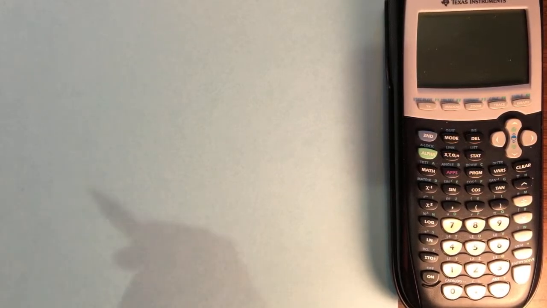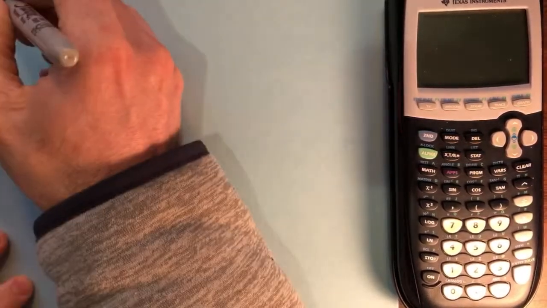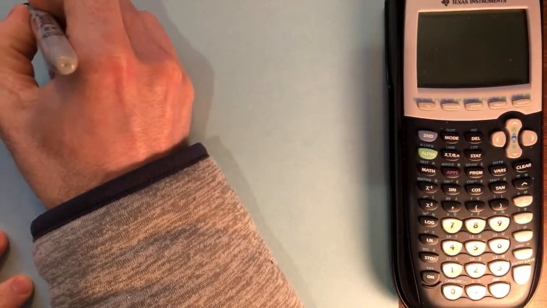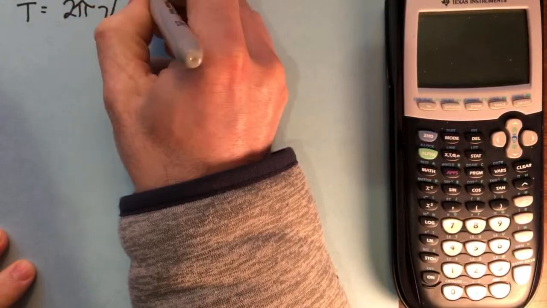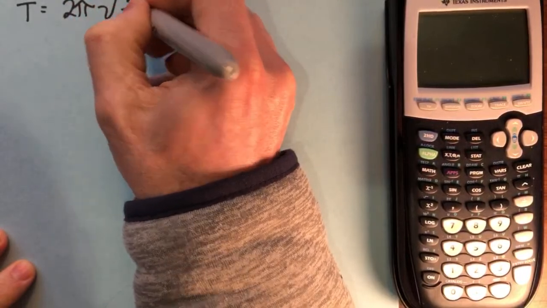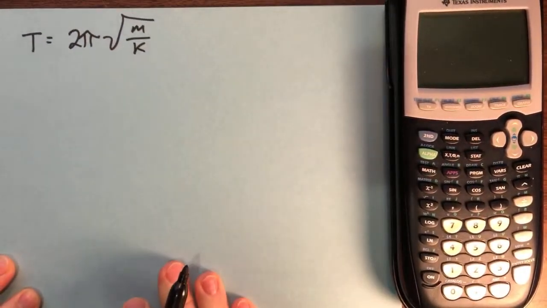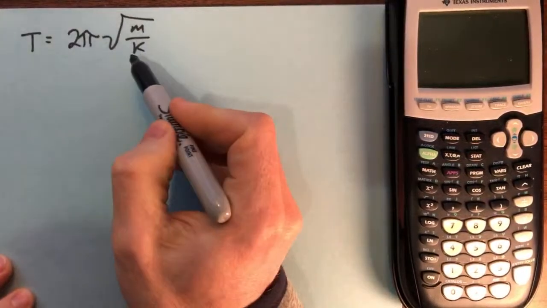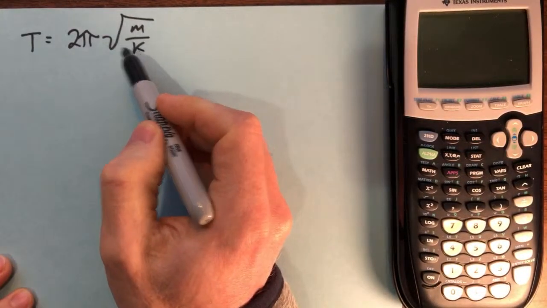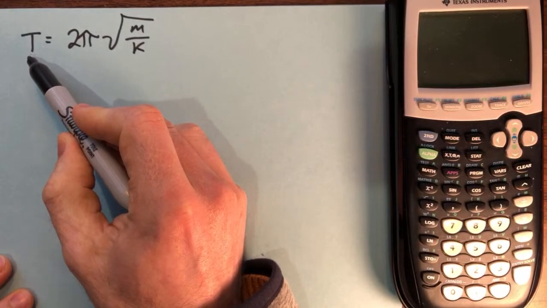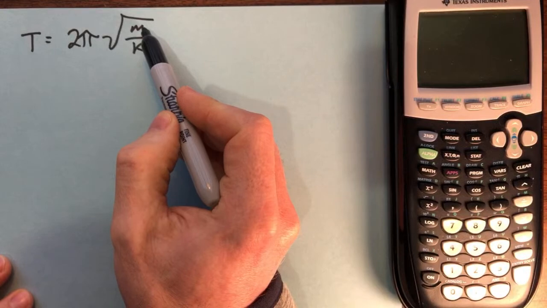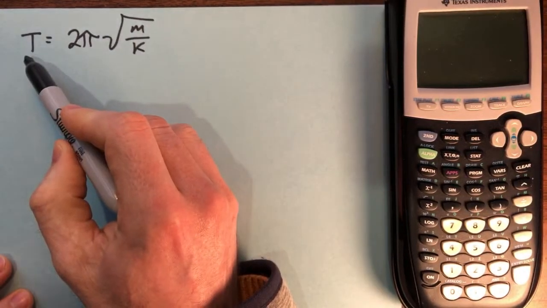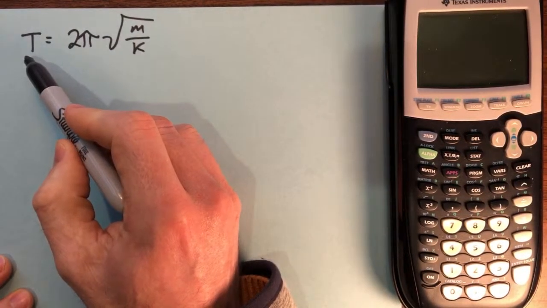We said that the formula for that is T equals 2 pi square root of m over k. This tells us that the stiffer the spring, the smaller the period and the faster the oscillation, and the larger the mass, the larger the period and the slower the oscillation.